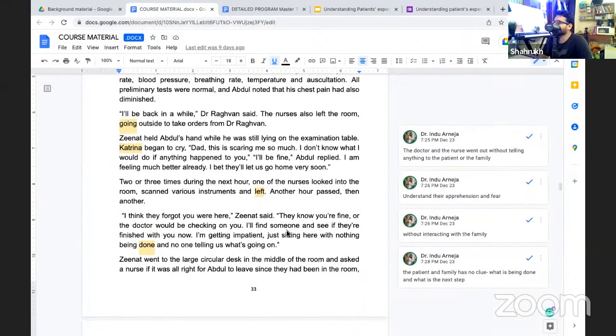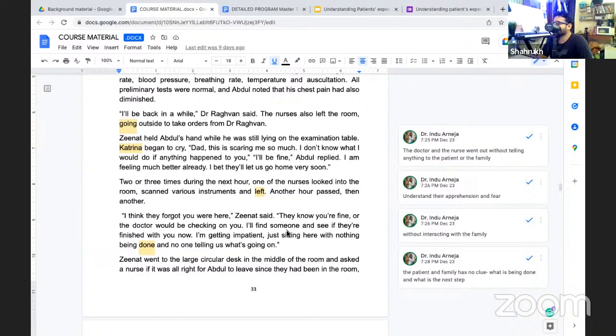Zeenat held Abdul's hand while he was still lying on the examination table. Katrina began to cry. "Dad, this is scaring me so much. I don't know what I would do if anything happened to you." "I'll be fine," Abdul replied. "I am feeling much better already.